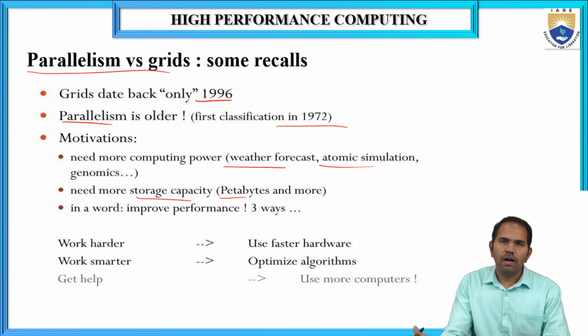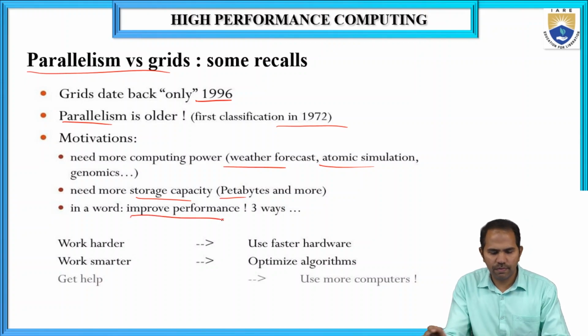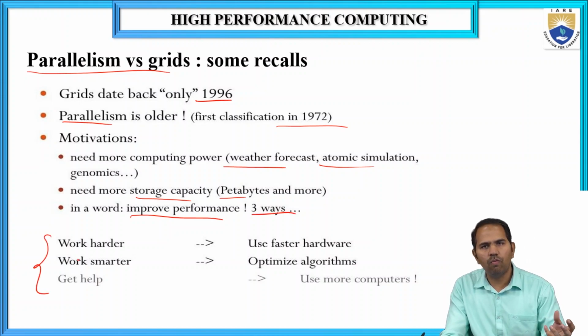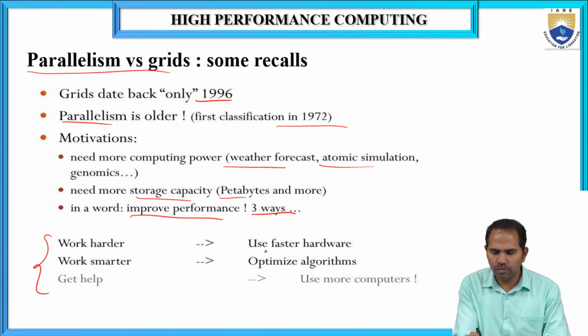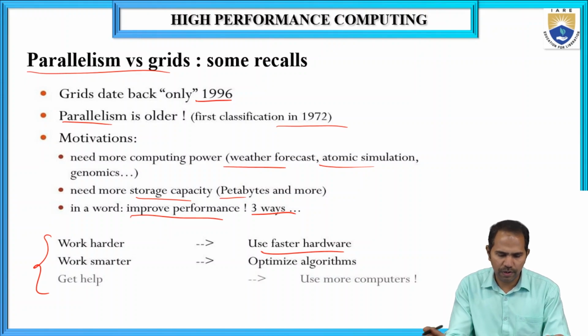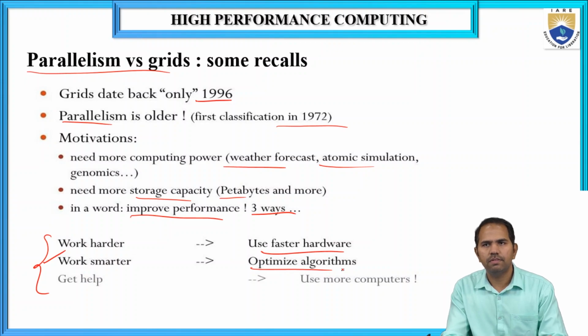In the other term, improve performance. We observed it in three ways. First, work harder: if you want to work harder, then use faster hardware. Second, work smarter: then use optimized algorithms.